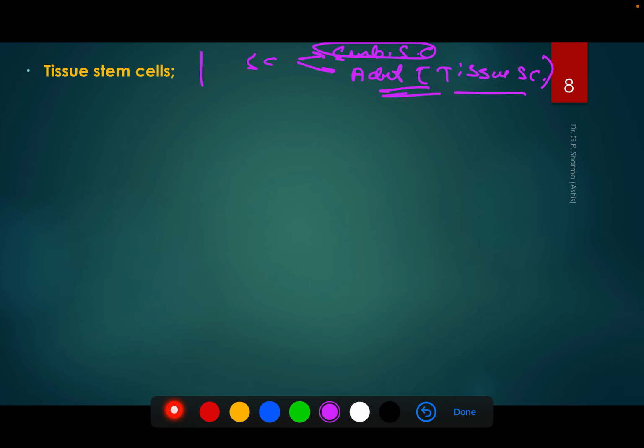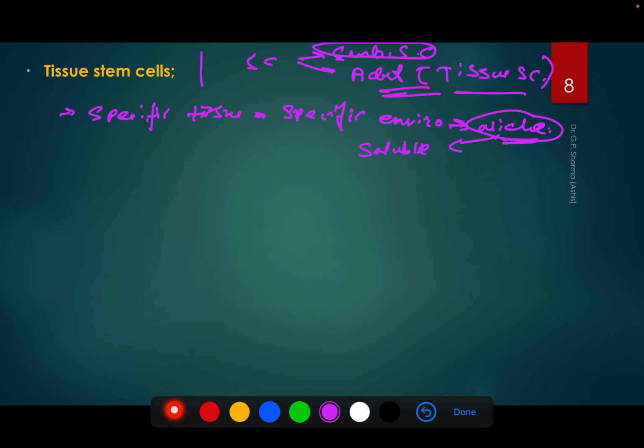These tissue stem cells are present in the specific tissue, in a specific environment. The space where the tissue stem cells are present is called the niche. What is this called? Niche. And this niche is protected by specific soluble factors or growth factors.